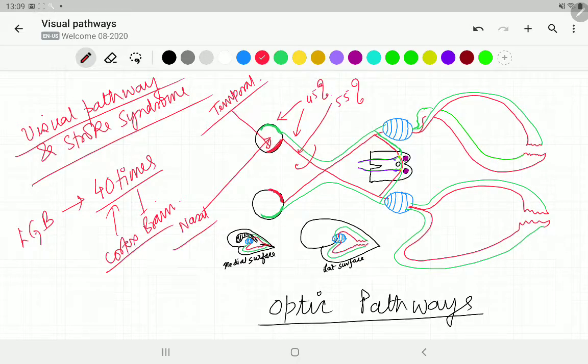As you can see, this is the retrolenticular part of the optic radiation, and then the temporal radiation or Meyer's loop, which goes along the temporal lobe, and the upper radiation which goes along the parietal lobe to reach the occipital cortex.